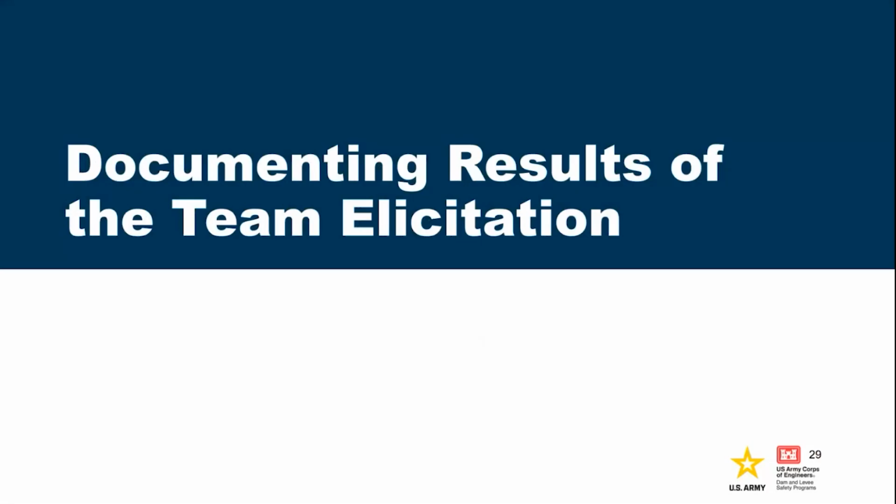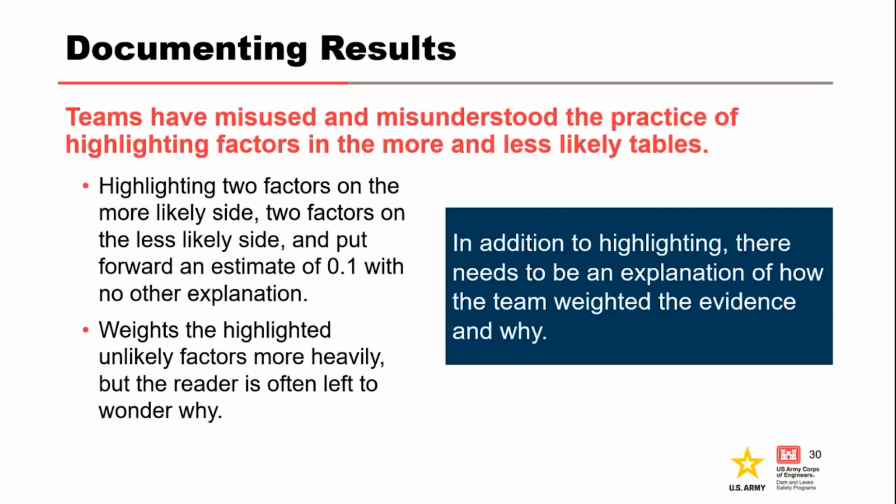All right, so some of the issues with documenting team results. One of the things that we see quite a bit is, we talked about bolding more and less likely factors, right? A lot of times we'll have situations where the bolding doesn't match up with the estimate. What I mean by that is, you might bold something on the more likely side, and then your estimate is neutral or unlikely, right?